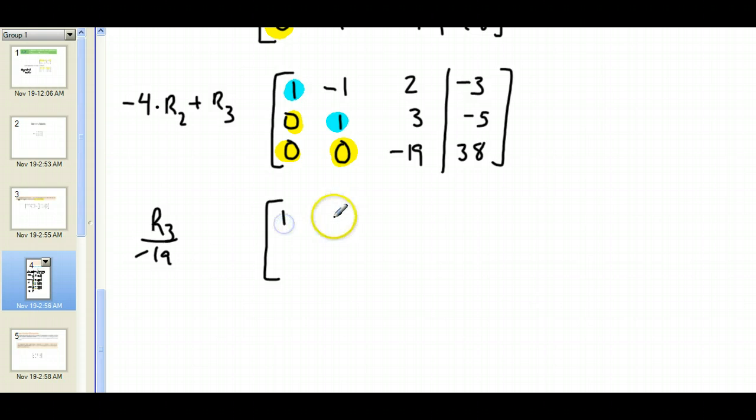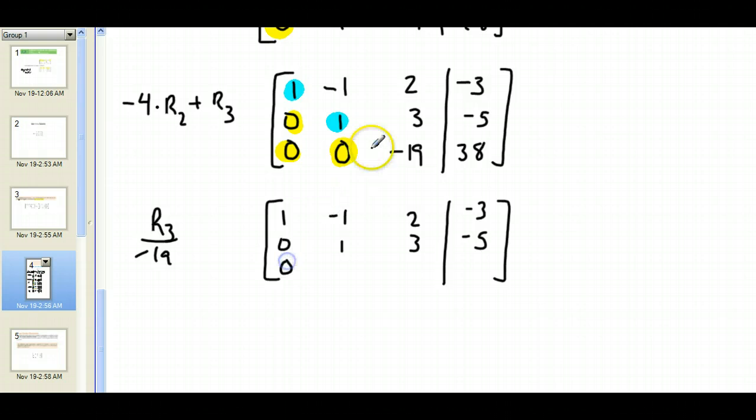That's not going to affect row 1, and it's not going to affect row 2. It's only going to affect the third row. So 0 divided by negative 19 is 0. 0 divided by negative 19 is 0. Negative 19 divided by negative 19 is 1. And 38 divided by negative 19 is negative 2.